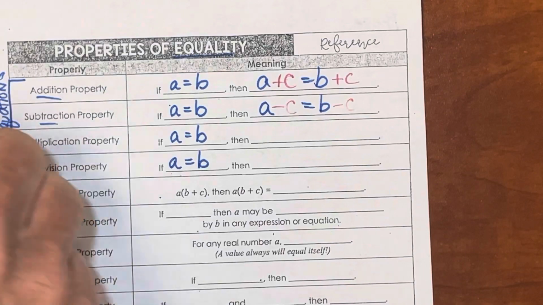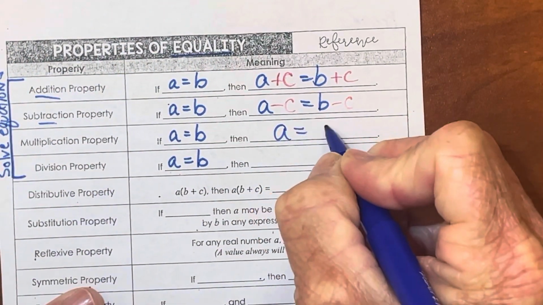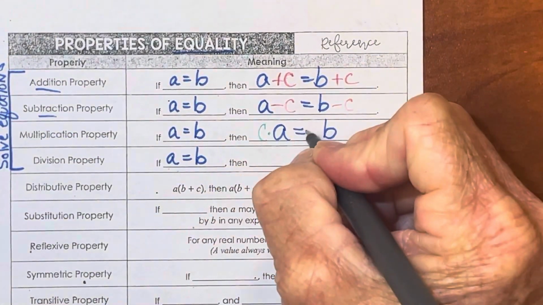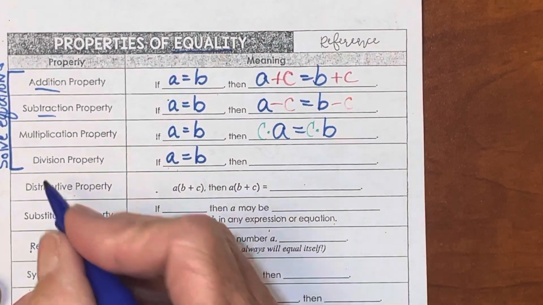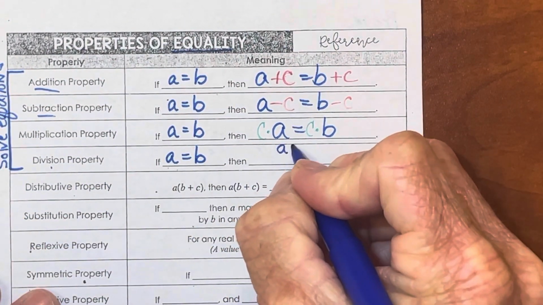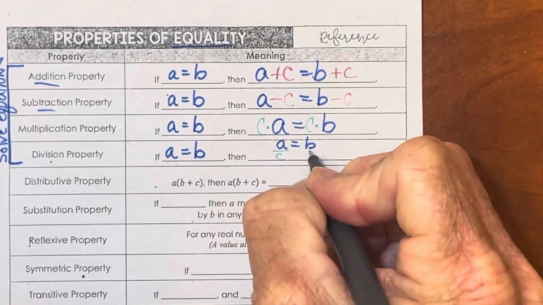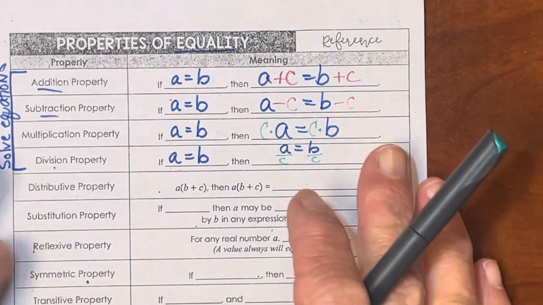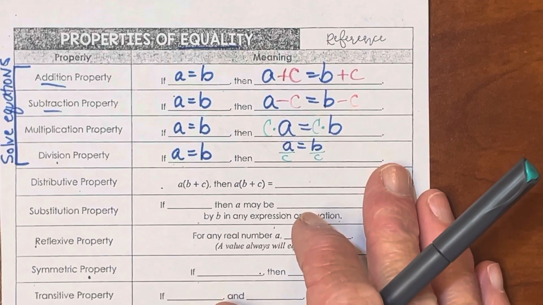Okay, all right, so the multiplication property says if you multiply A by some value C, that's legal as long as you do it to B. And the division property, of course, says if A is equal to B, if you divide A by C, that's legal as long as you also divide B by C. So those are properties of equality, and we did those all the time in algebra last year.